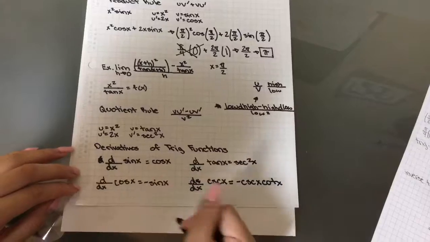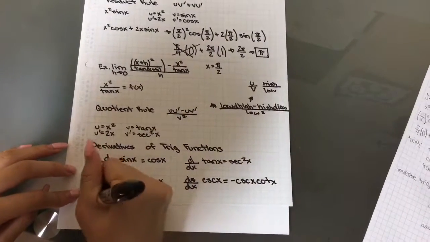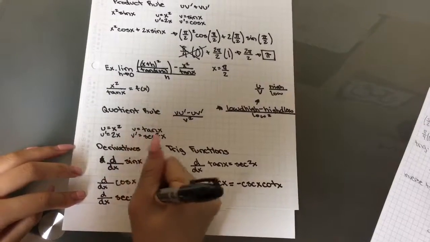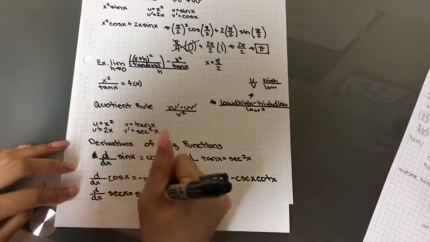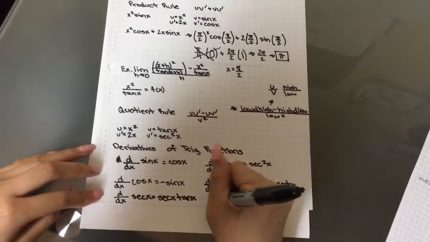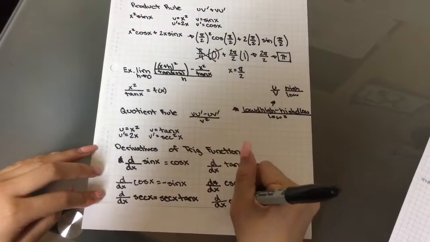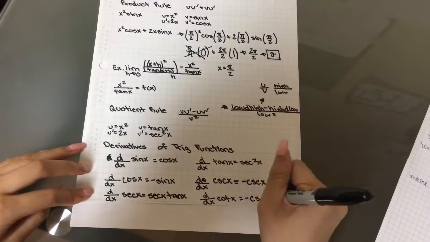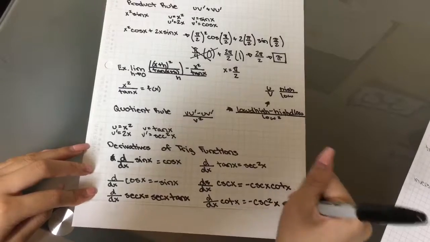And the derivative of secant of x is equal to secant of x tangent of x, while the derivative of cotangent of x is equal to negative cosecant squared of x.